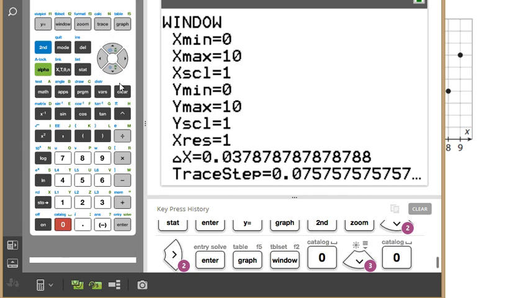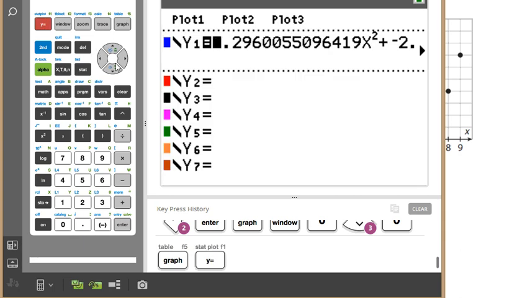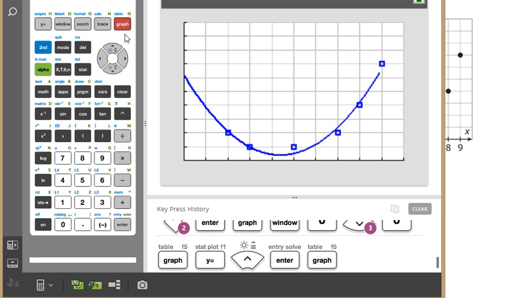So we should get a better fit here. And the last thing we're going to do is go back to Y equals and put our value right here, Plot 1, turn it on. So we're going to see the points and see how this curve matches these points. And we should see that that matches quite well here. So that'll be a good model.